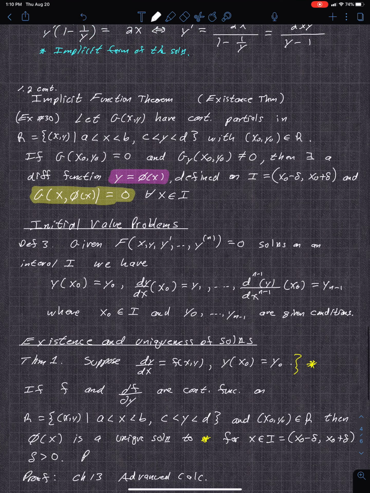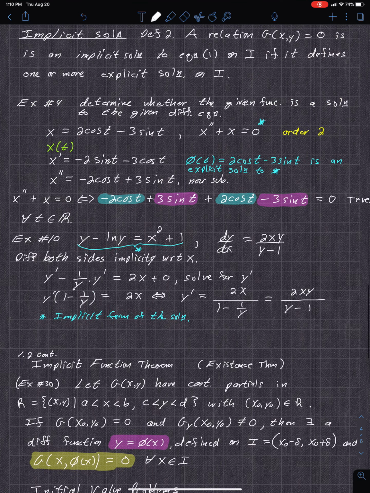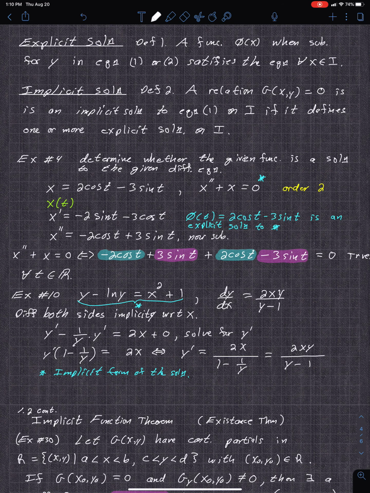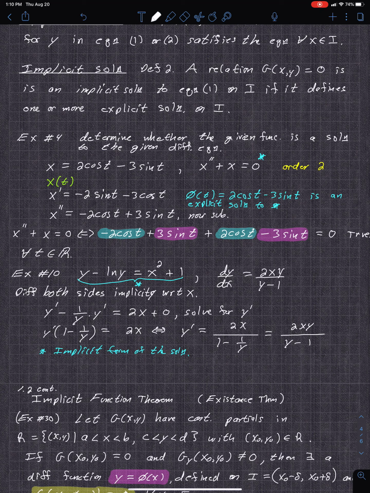Basically, what that's referring to is what we just did back here, examples 4 and 10, where we're finding the solution, finding φ(x). It's saying that when you find this solution, it's a unique solution. And if you have a particular value, then it's a particular solution to that differential equation.